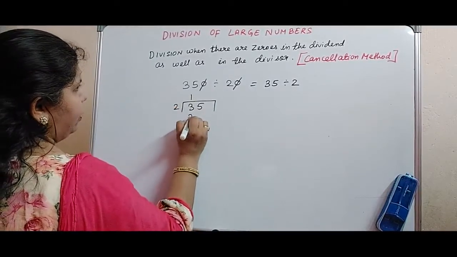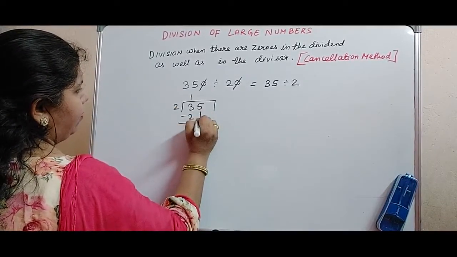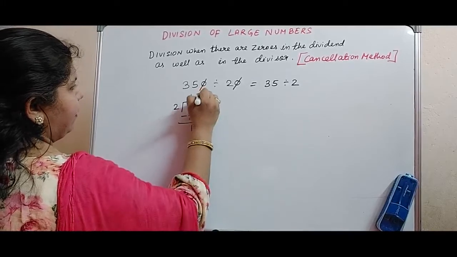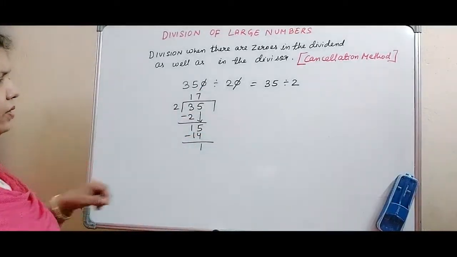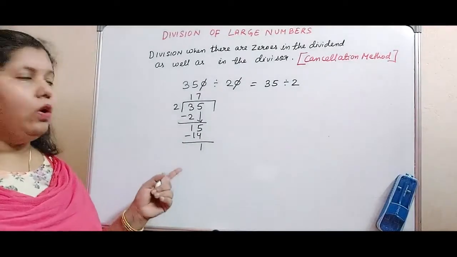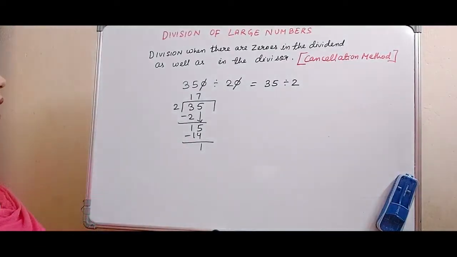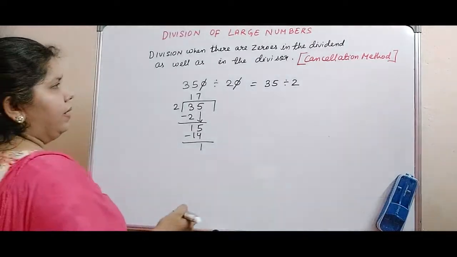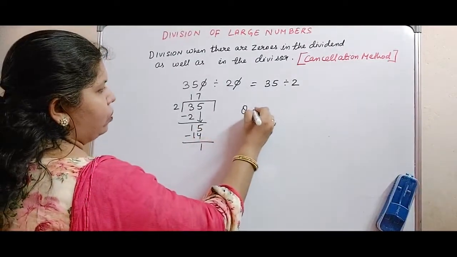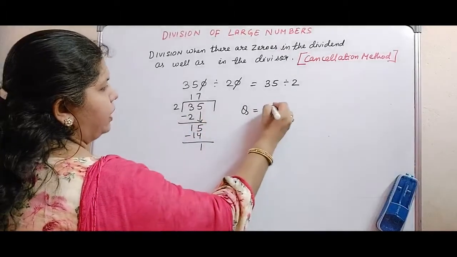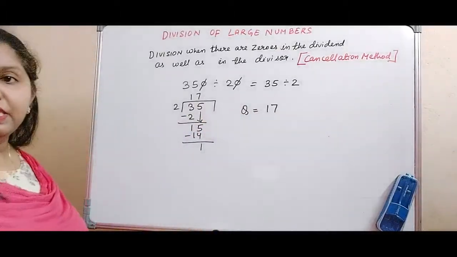2 ones are 2, 1, 5, 2 sevens are 14 and I got the remainder as 1. Now what will be the remainder? See, the quotient remains the same. The quotient is not going to change, it will remain as 17.